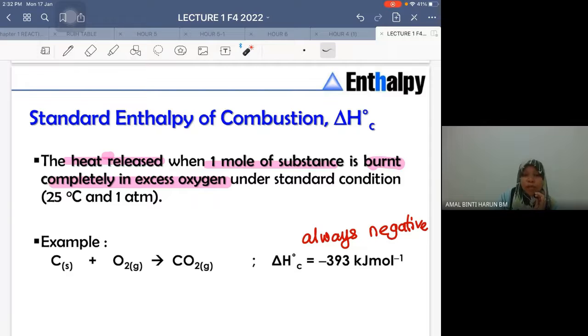Tu you kena jawab, kena fikir sendiri. 1 mole substance burn. Benda yang nak dibakar tu duduk kat mana? Nak bakar sate. Sate adalah reactant kat sebelah kiri. So here in this case, carbon is burned in excess oxygen forming carbon dioxide. So siapa yang 1 mole substance burn tu? Yang ini. It refer to this one.